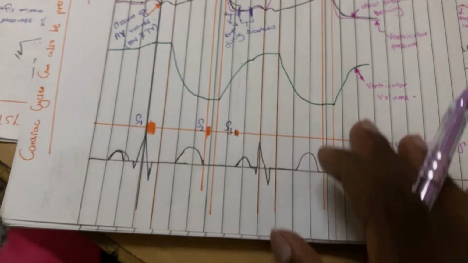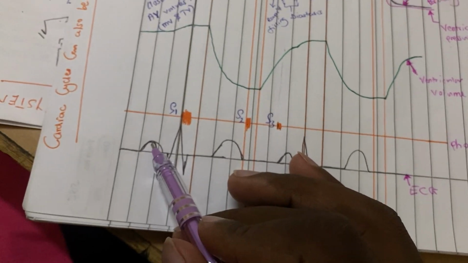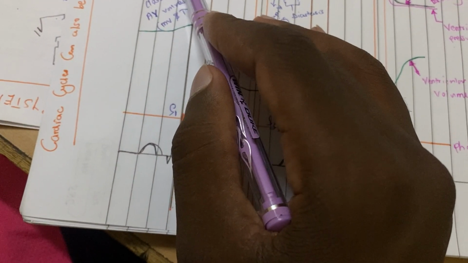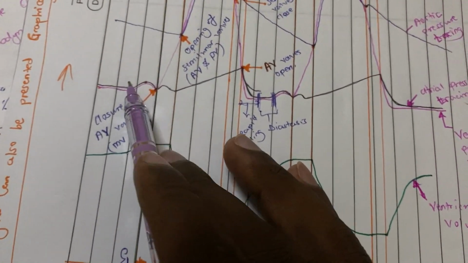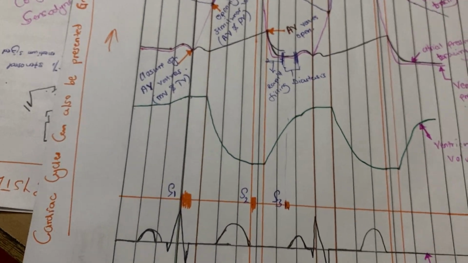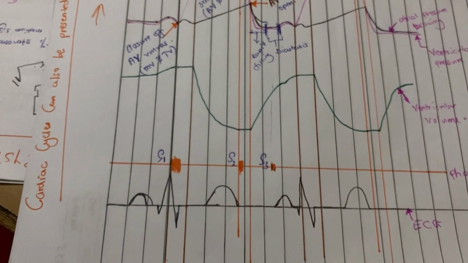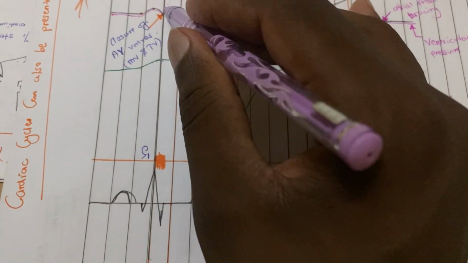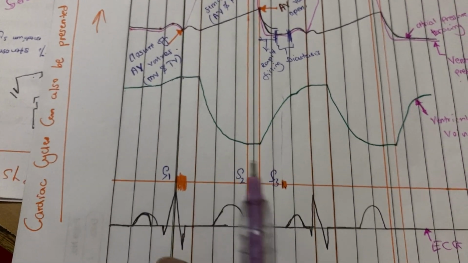Then these phases can be coupled with ECG, and this is the ECG. The atrial P wave starts before the atrial kick. We said that the electrical cycle is before the mechanical cycle. The QRS complex coincides with closure of the mitral valve and then the start of isovolumic contraction.